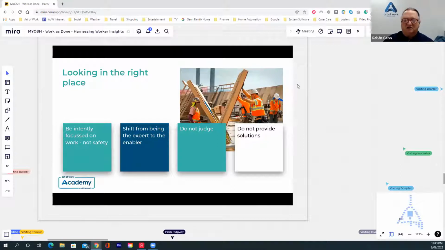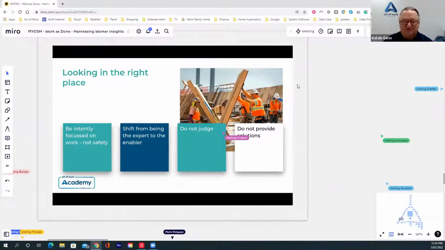So when we go and focus on work and get feedback of work, the first thing is not to critique or judge the quality or the content that we're getting back from the front line, but to encourage people to share and open up about what they know and how they actually conduct the work. And the other thing is to drop all the solutions that we have as subject matter experts.